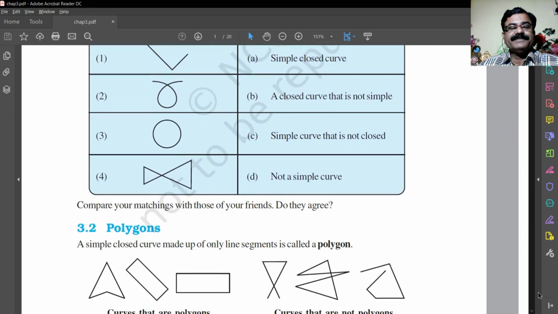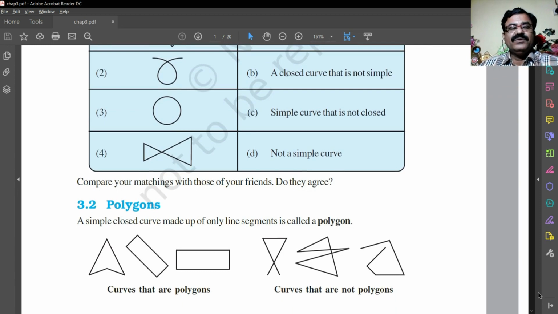Now students, next understand the polygons. A polygon is a simple closed curve made up of only line segments. For example, you can see in the figure that some curves are polygons, but not all the curves are polygons.